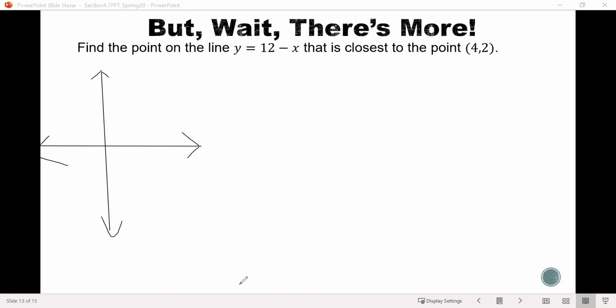Okay, I'm going to draw that line y equals 12 minus x. Now when I do that, I know that in this case it's going to be a line that slopes down from left to right, and it's going to intersect the vertical axis at 12. So I'm going to put that here. So here's 12, and then the line will look something like this.